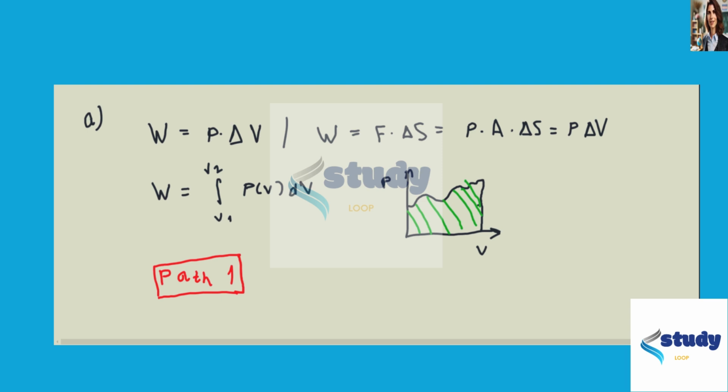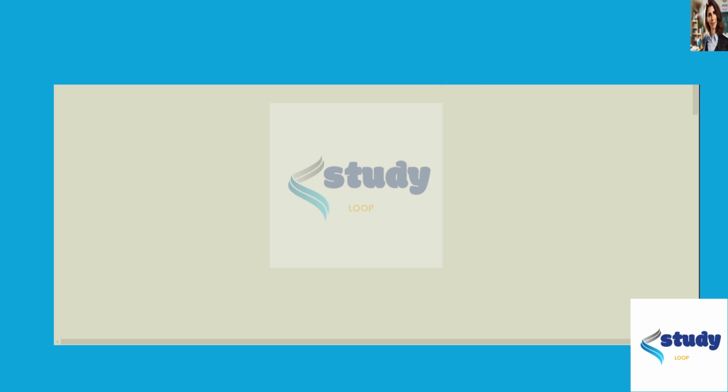And for part B of the problem, we are asked for the relationship of the heat and the rest of the system. So we have to apply the first law of thermodynamics.